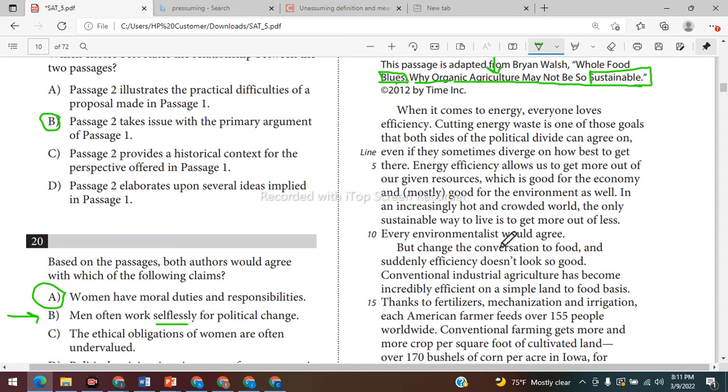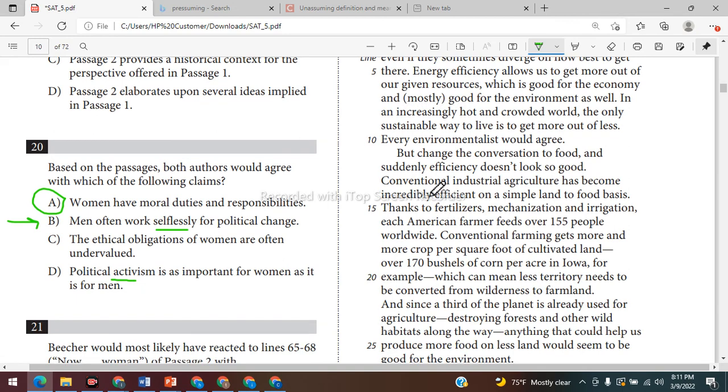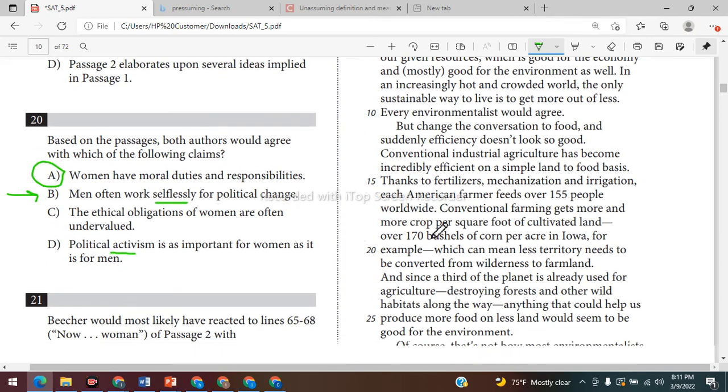But change the conversation to food, and suddenly efficiency doesn't look so good. Conventional industrial agriculture has become incredibly efficient on a simple land to food basis, thanks to fertilizers, mechanization, and irrigation. Each American farmer feeds over 155 people worldwide.